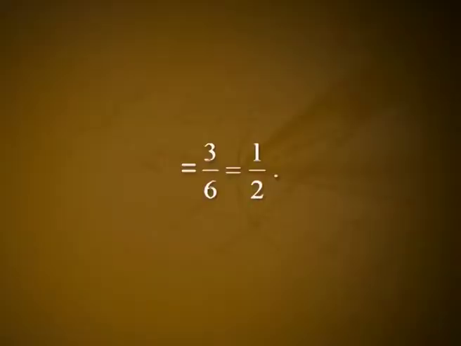Since the die is unbiased, that is, the probabilities of all the 6 faces are equal to 1 by 6, P of an odd number turns up is equal to P of occurrence of the sides with the numbers 1 or 3 or 5, that is equal to 3 by 6, that is equal to 1 by 2. So, P of an even number turns up is equal to 1 minus P of an odd number turns up, that is equal to 1 minus 1 by 2, that is 1 by 2.